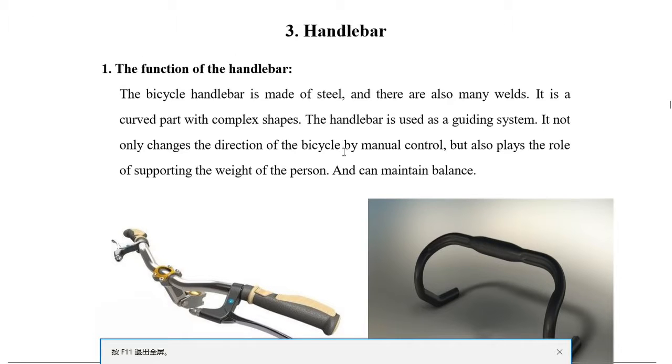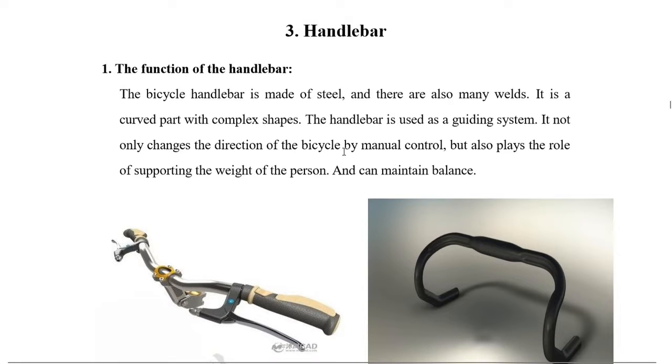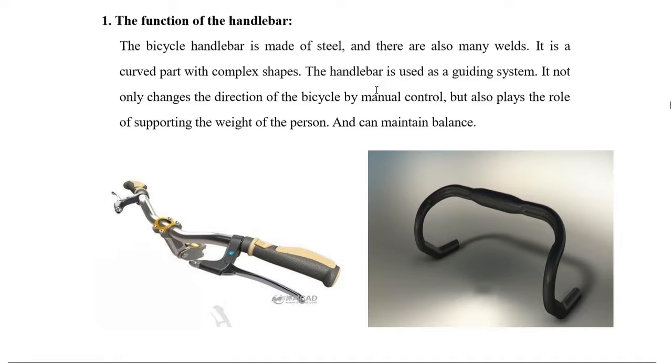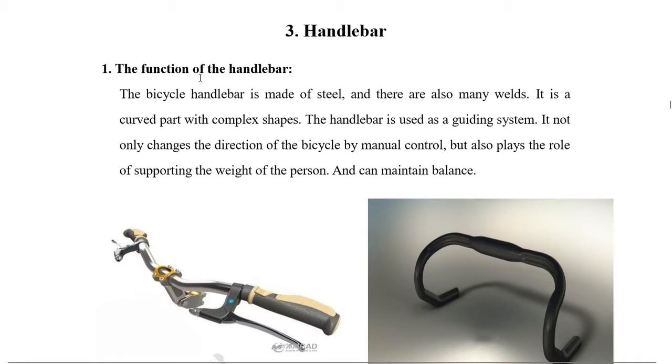Okay, let me talk about the next part of the bicycle. The first one is the handlebar, and first we look at the function of the handlebar. The handlebar is used as a steering system.